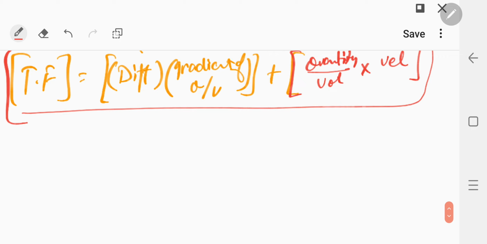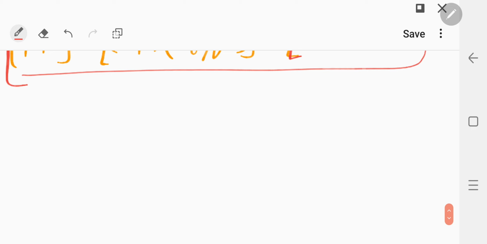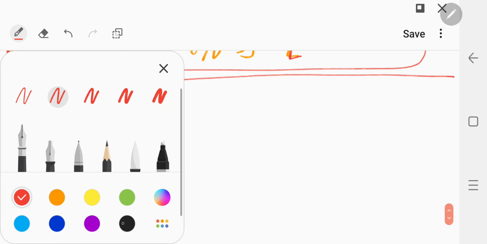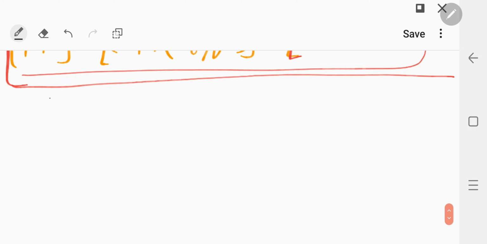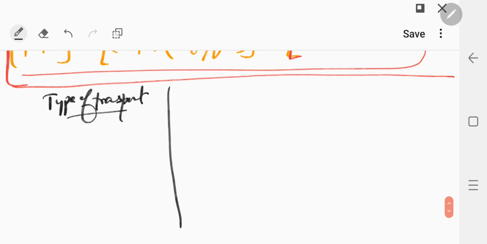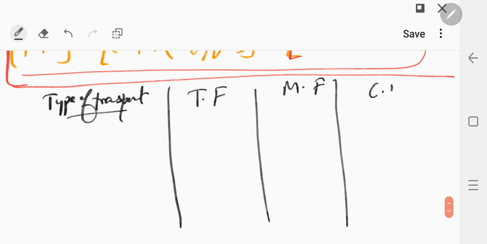Let me represent the total flux, molecular flux and convective flux for all three: momentum, energy and mass. So let me make a table over here, with the type of transport, total flux, molecular flux and convective flux.